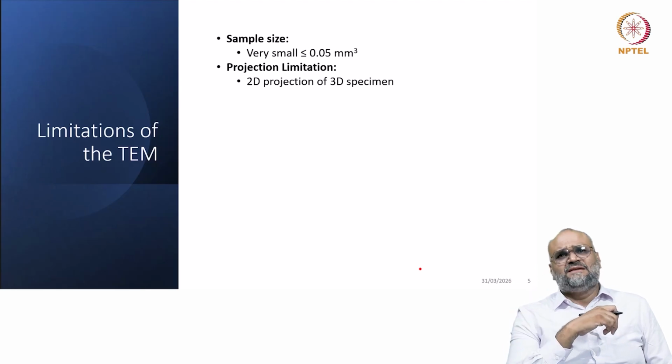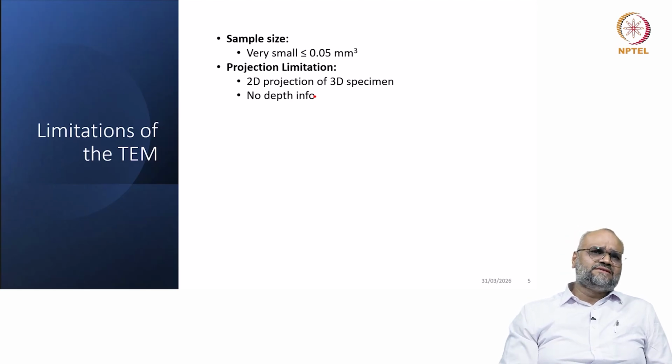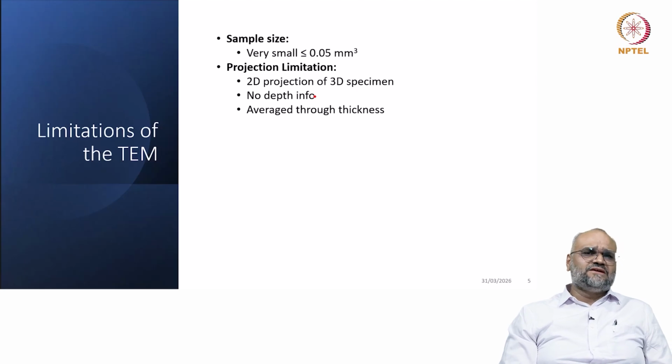So you're always limited in knowing where the features that you see are actually located across the thickness of the specimen. There is no depth information. The information is averaged through the thickness. So you need to have complementary tomography kind of techniques which give you three-dimensional information of a material.